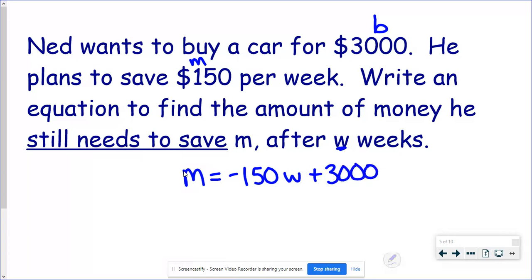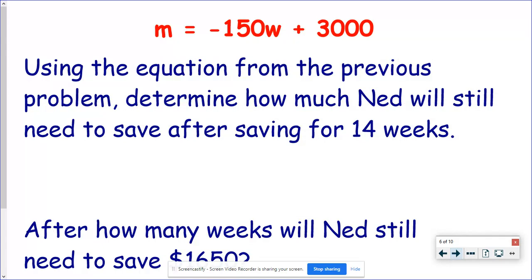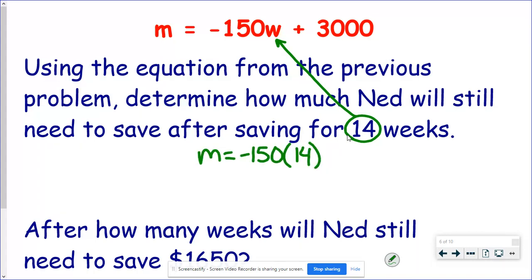Now I'm going to take that equation, move it up to the next slide. There it is. I want to know after 14 weeks how much money he still needs. So this 14 is going to go in for the number of weeks. So the money that he needs, negative 150 times 14 plus 3,000.